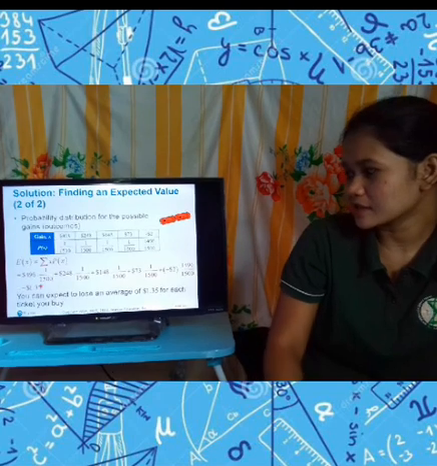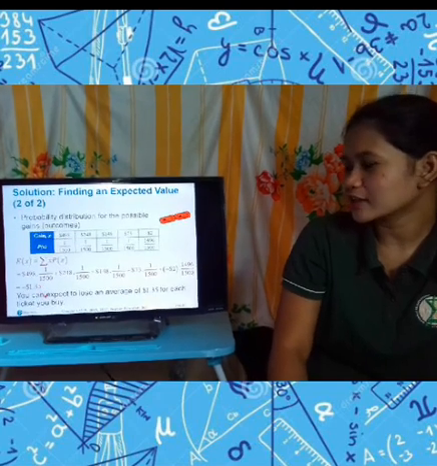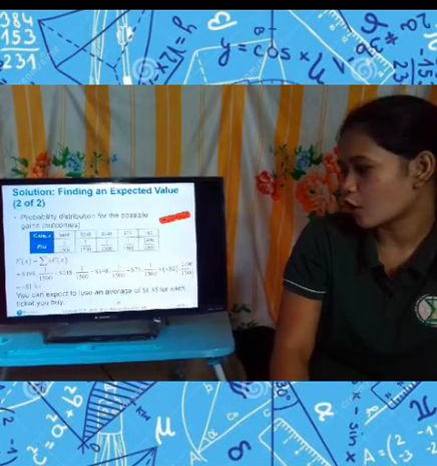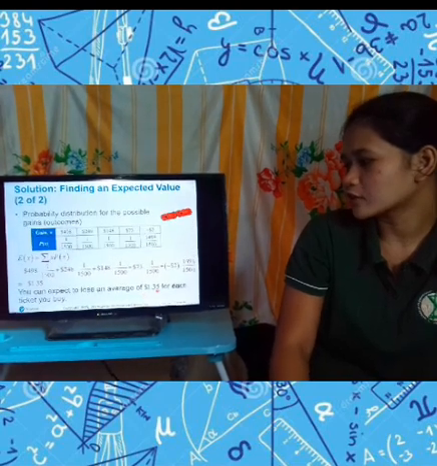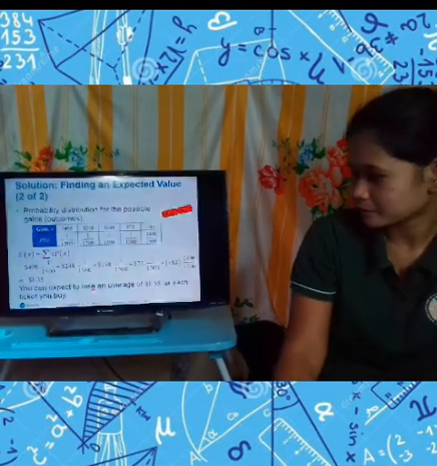So this means that you can expect to lose an average of $1.35 for each ticket you buy.